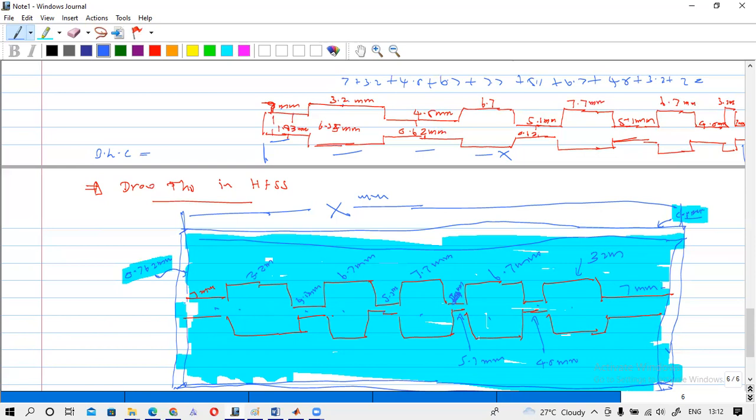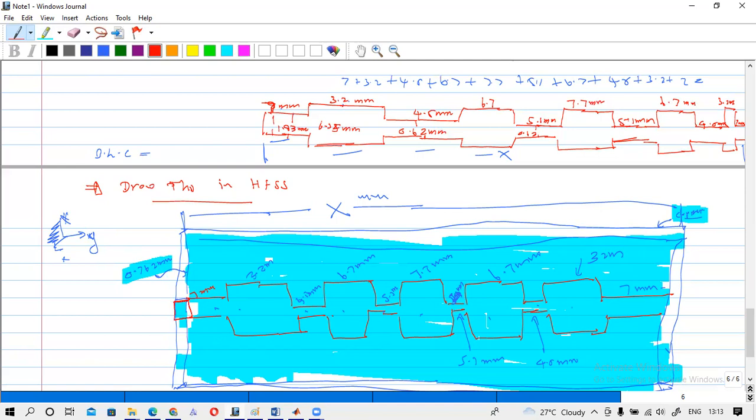Then here, if you have drawn this in the XY plane, this is Y and this is X, so you have to use the ZX plane, this plane, to draw the boundary and give the excitation.